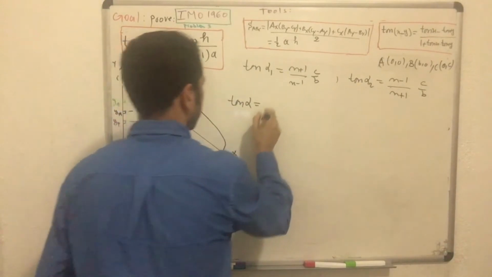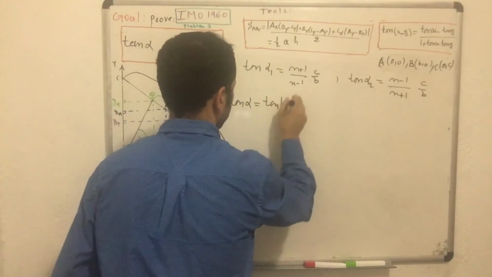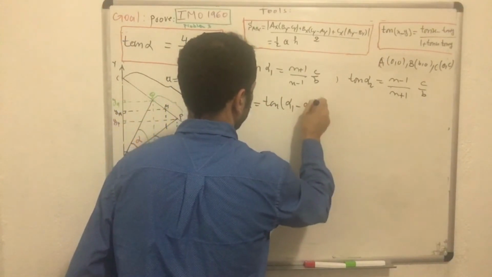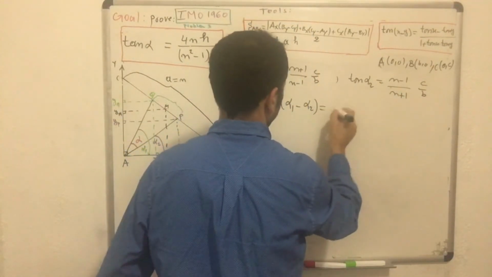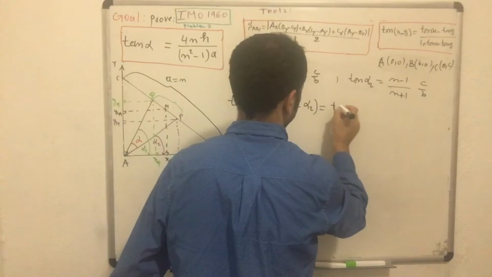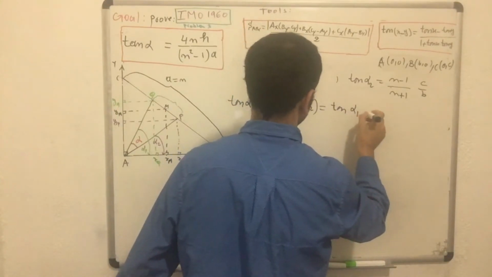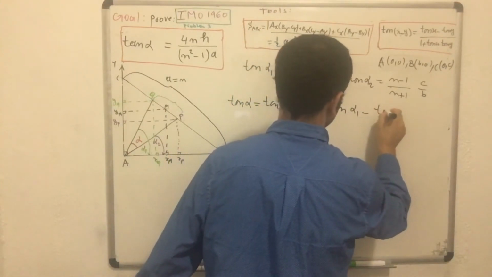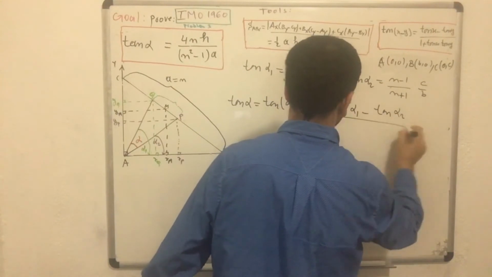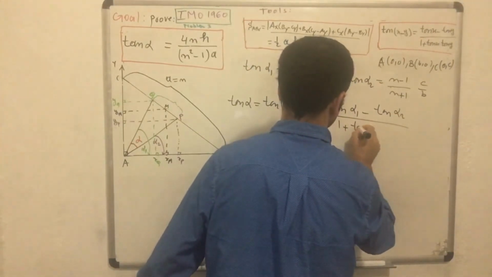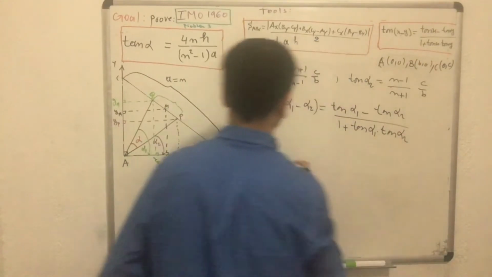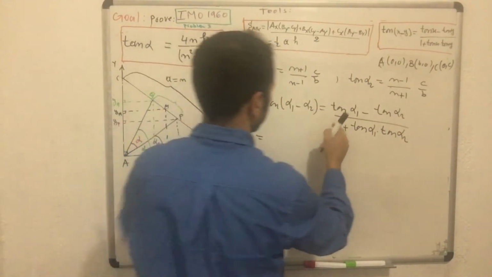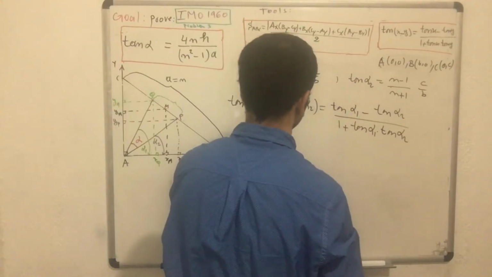As we know, tangent alpha equals tangent of (alpha 1 minus alpha 2), as we have in this formula. So it equals (tangent alpha 1 minus tangent alpha 2) over (1 plus tangent alpha 1 multiplied by tangent alpha 2). Alright? So let's plug this in.